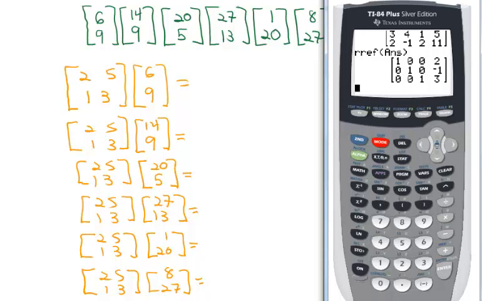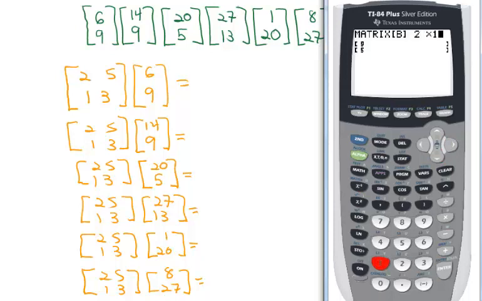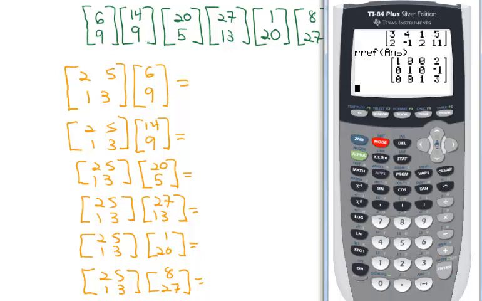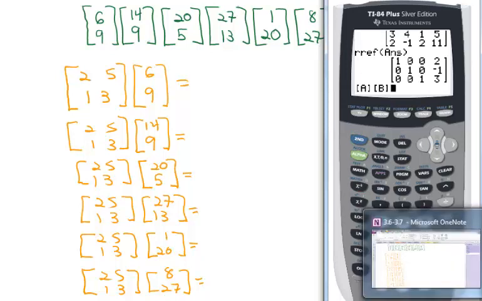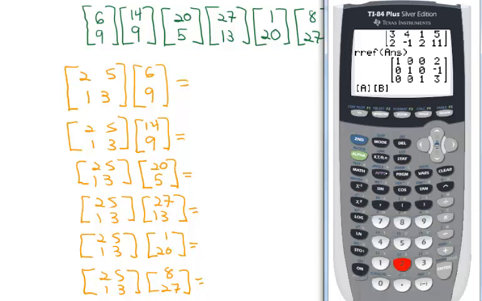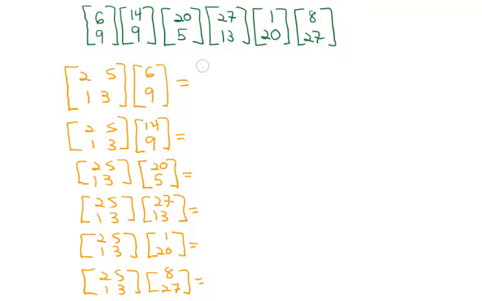Then we program the first matrix into matrix B. It's a 2 by 1 matrix, 6, 9. Then I'm going to hit second matrix, grab matrix A, the key, and multiply it by matrix B. And when we do, we get 57, 33.